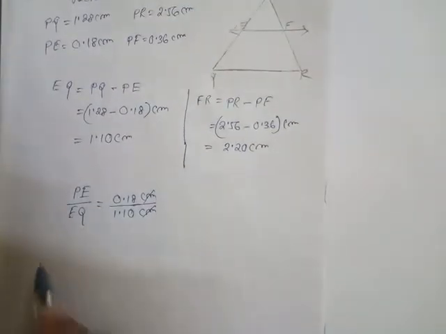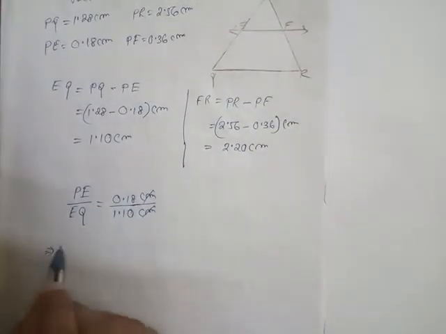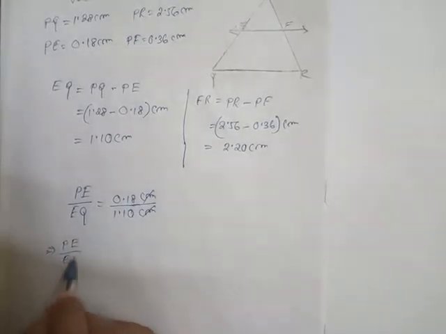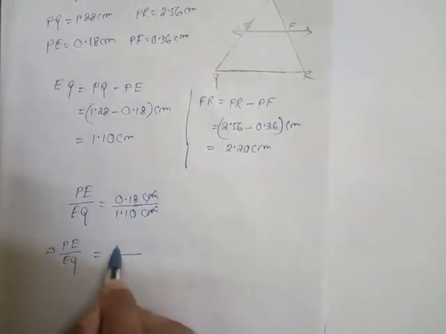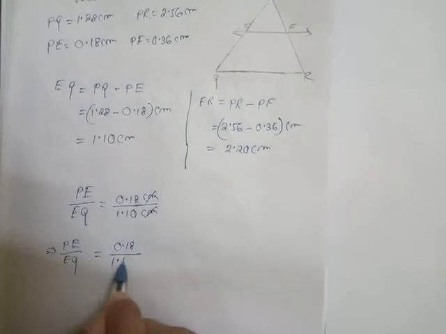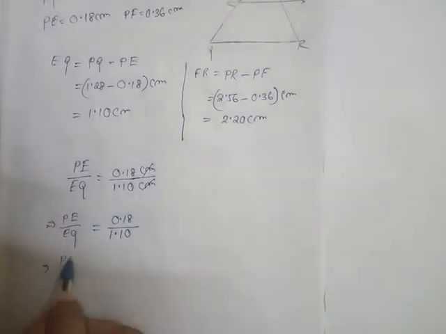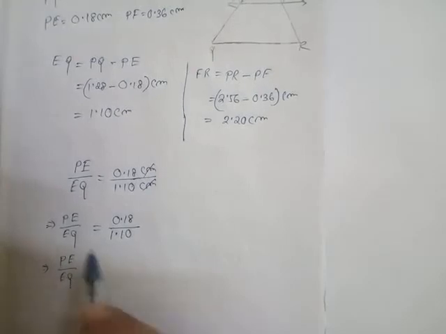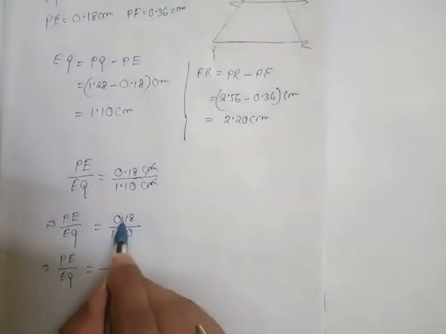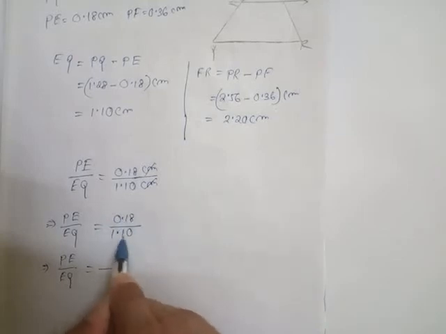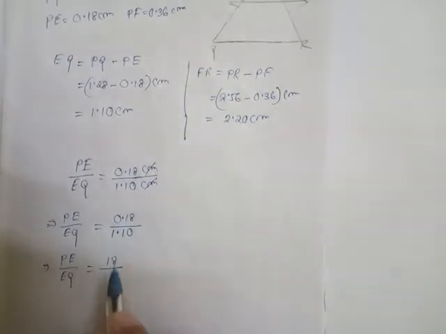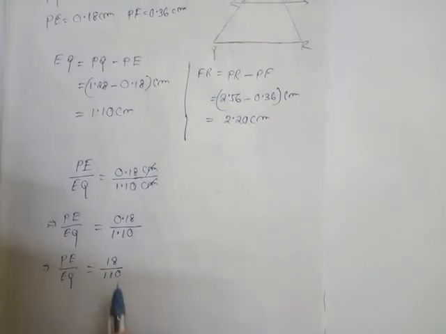So next one would be that PE by EQ equal to 0.18 by 1.10. Now if I remove the decimal from here, which means after decimal 2 digits, so directly 18 by 110.